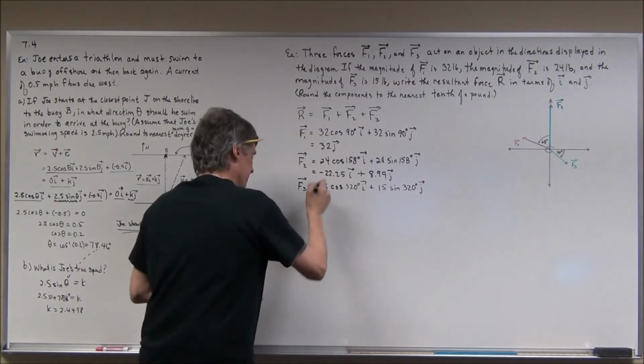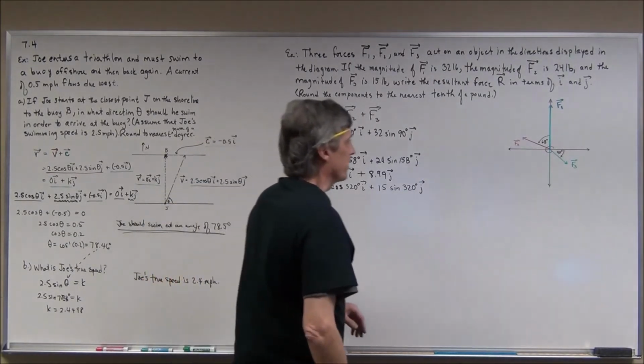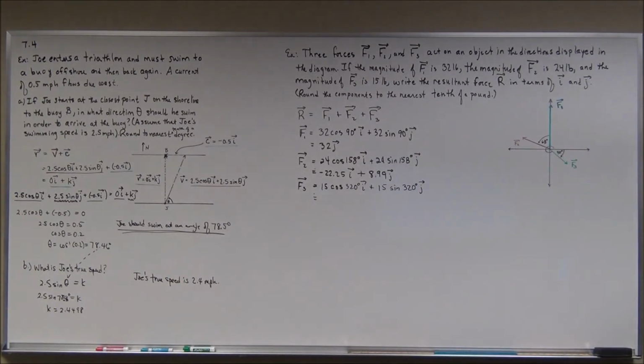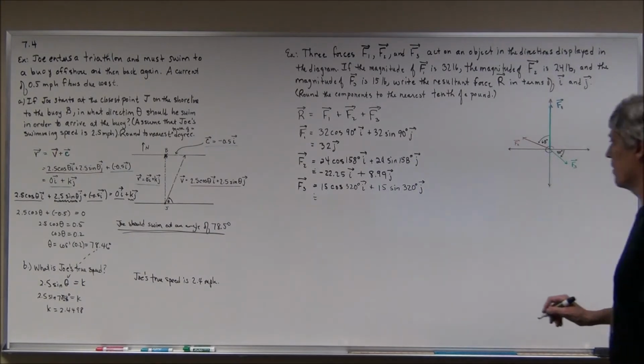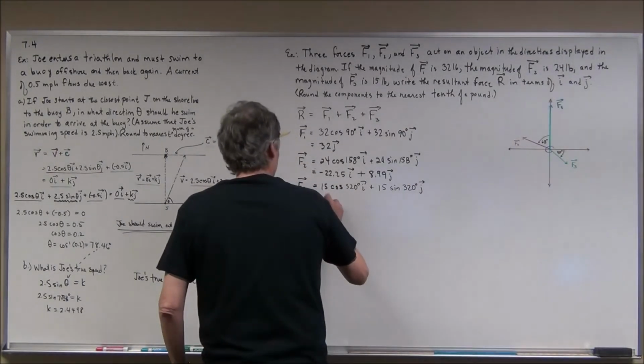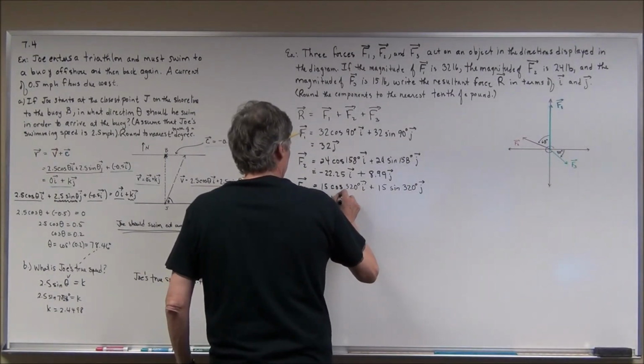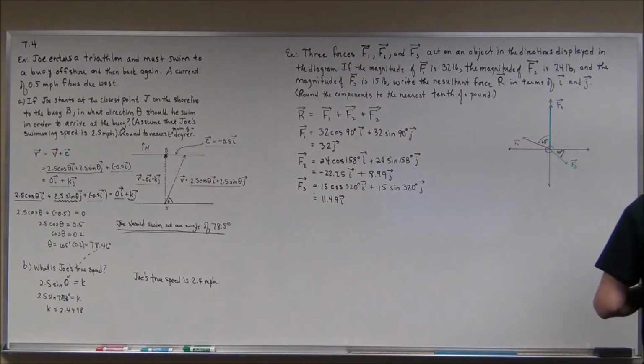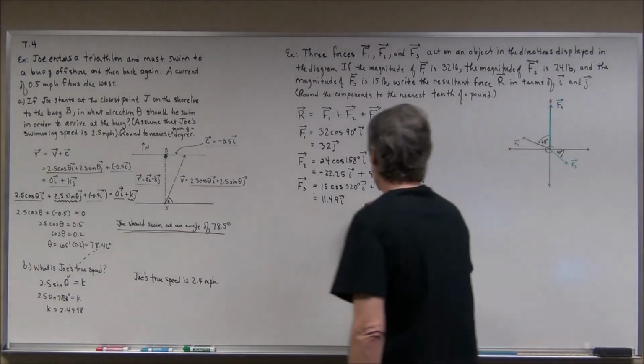And again, I've got this worked out. You should have a calculator close by, closer than what I have anyway. And I get 11.49 times vector i. And see, you're in the fourth quadrant, so the j component should be negative, and it is, minus 9.64 times vector j.